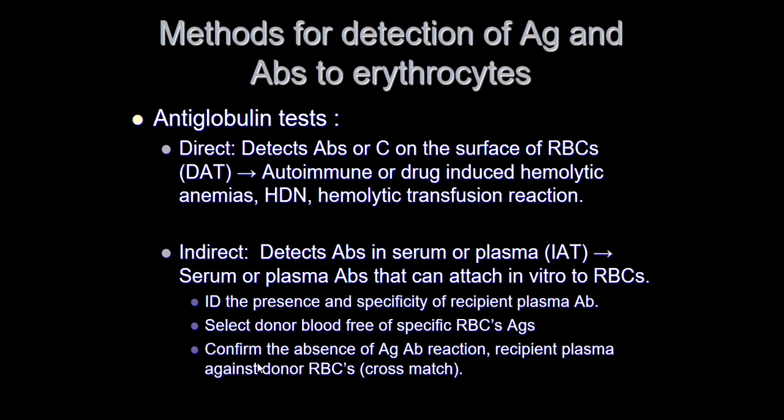Then we confirm the absence of antigen-antibody reaction of recipient plasma against the donor red blood cells, and we call that a cross match. So the antiglobulin reagent, we add it after we add the antibody, and we make the sensitization in vitro, as simple as that.